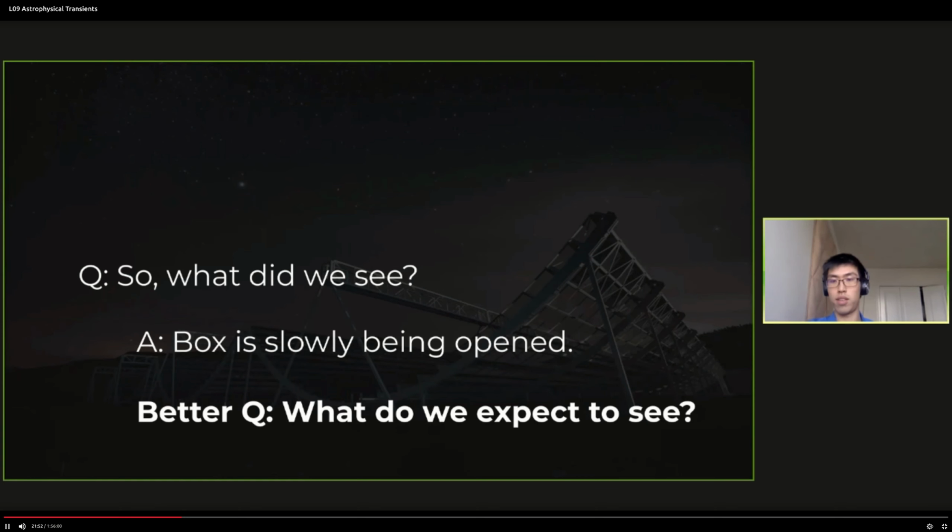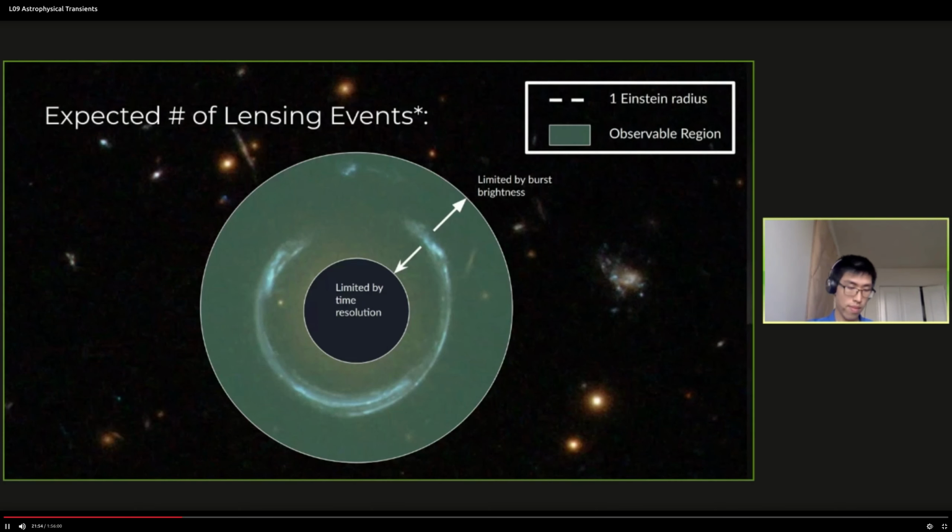How sensitive is the lensing measurement? The way you can make that forecast is as follows. For every FRB that you measure, that transient comes from some magnetar in a galaxy far, far away. So you draw a pencil beam out to that galaxy, and that pencil beam has an annular profile. The inner edge of the annulus has a limit given by the time resolution of your search, and the outer edge of that annulus has a size limited by the burst brightness.